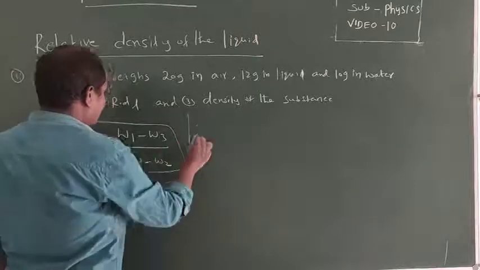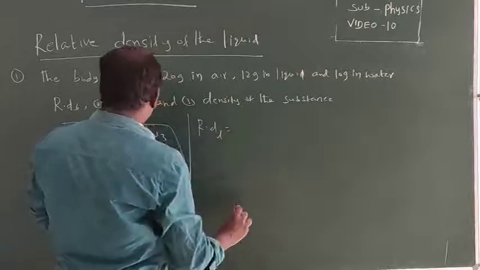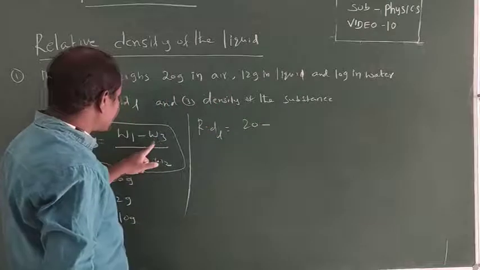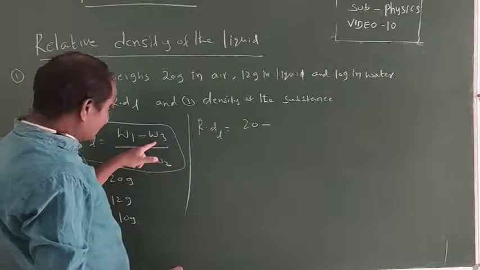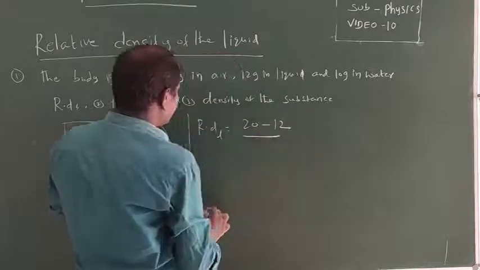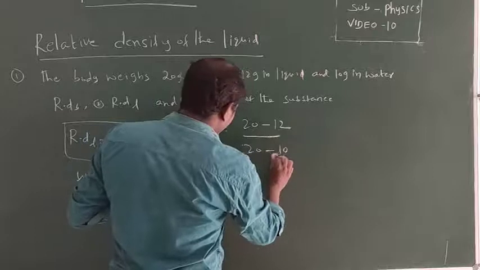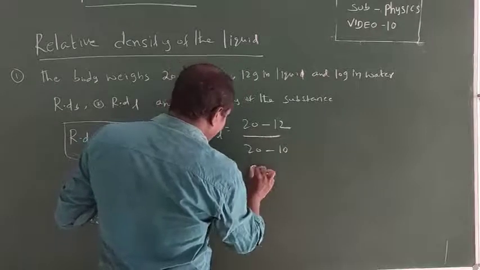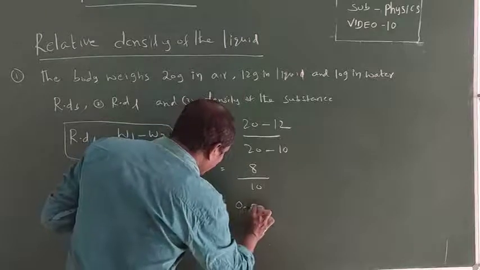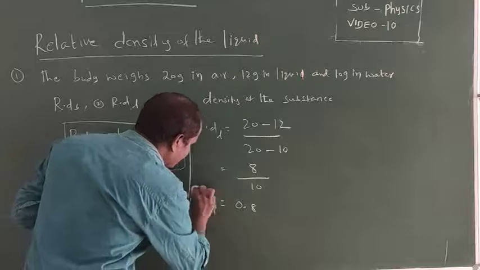So from this we can write RD of the liquid equal to W1 20 minus 12 by W1 20 minus 10, that equal to 8 by 10, that equal to 0.8. So it is the RD of the liquid.